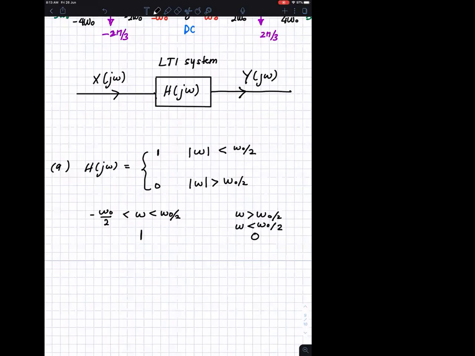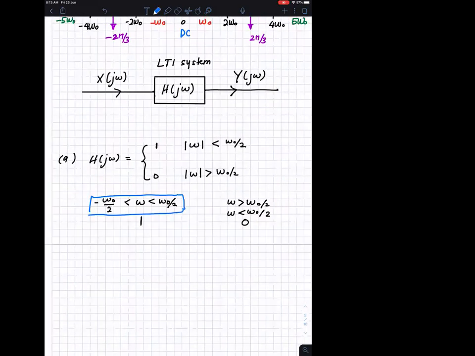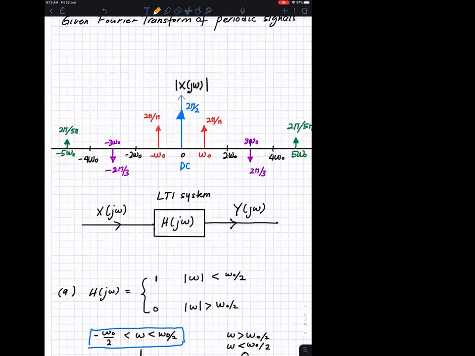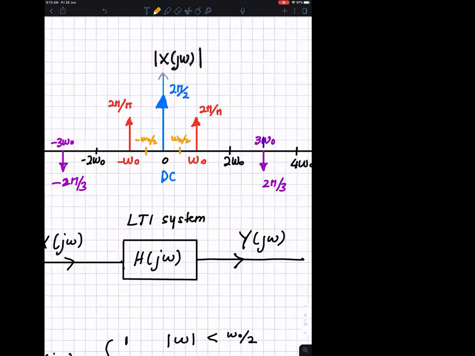Come to this diagram here. So where is omega naught over 2? It's somewhere in the middle here. So you're going to filter the signal inside here.